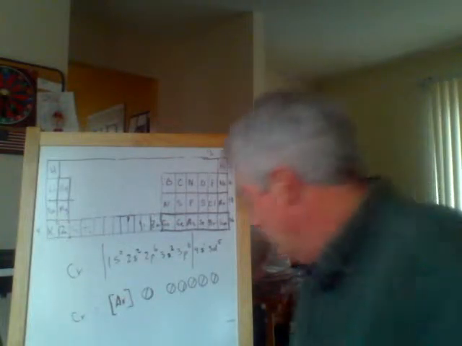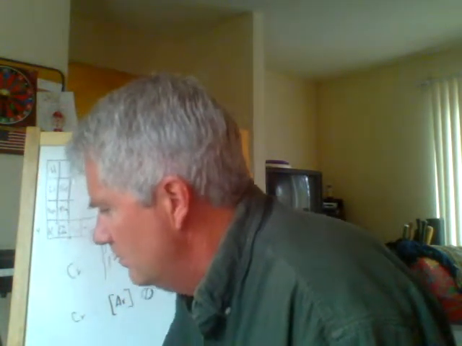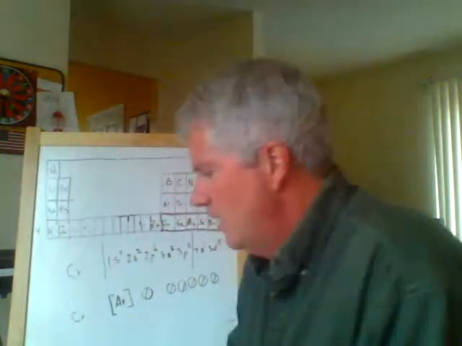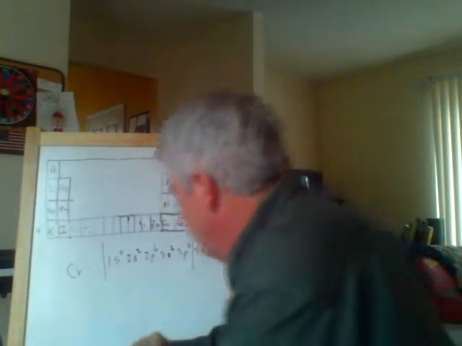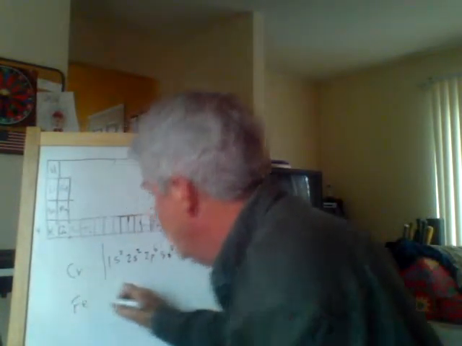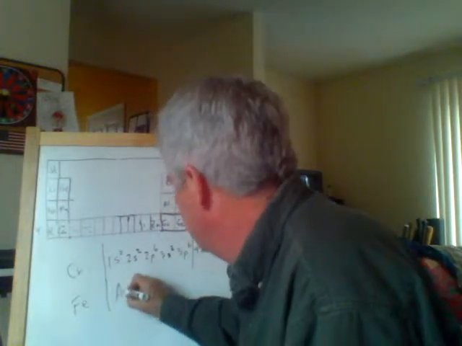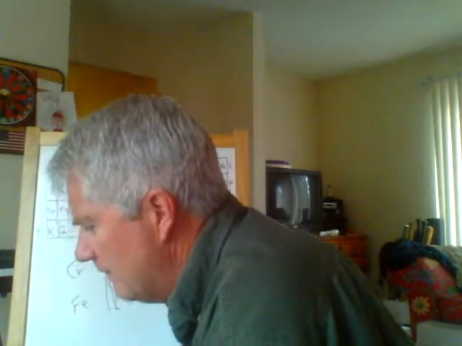But I want to look at iron also, because iron, as we know, has magnetic properties. Go back to my table here for iron. Where are you, iron? There you go. Okay. Iron metal is the same as argon, and I'm reading from table 8.4.